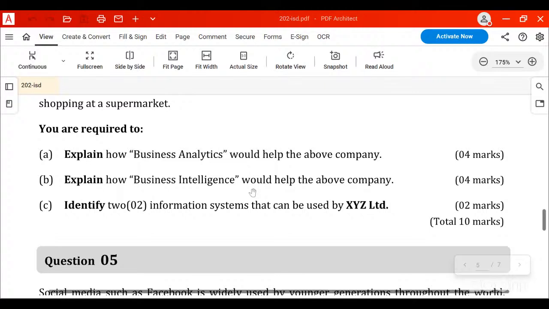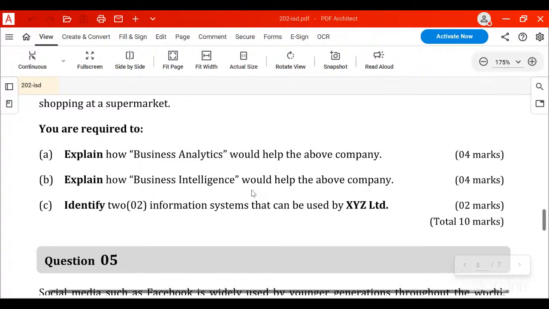Explain how business intelligence would help the above company. Business intelligence, BI. I explained what BI is previously. BI refers to the use of technologies, tools, and practices to collect, integrate, analyze, and present business information. It helps organizations make data-driven decisions by providing actionable insights.